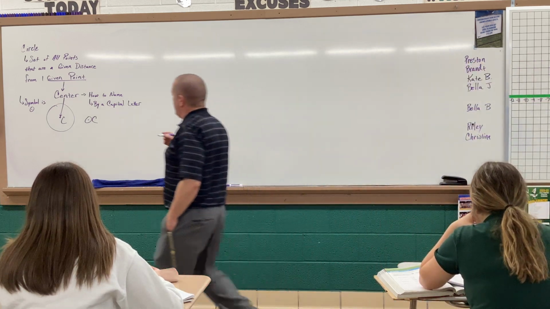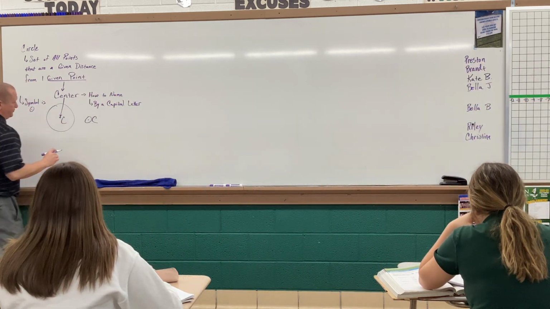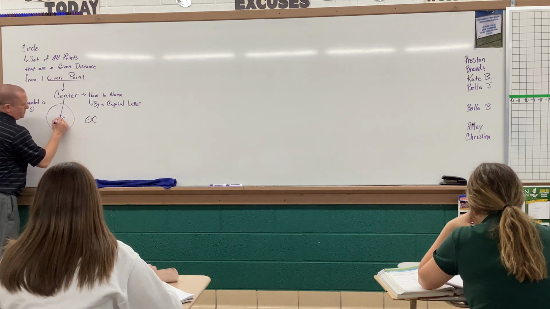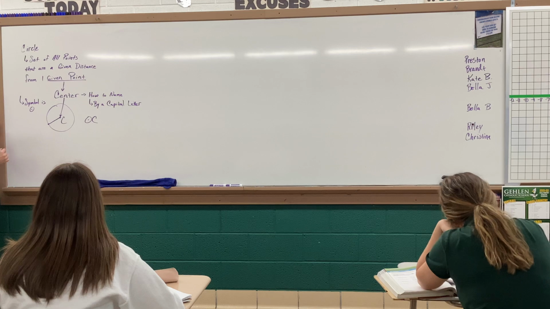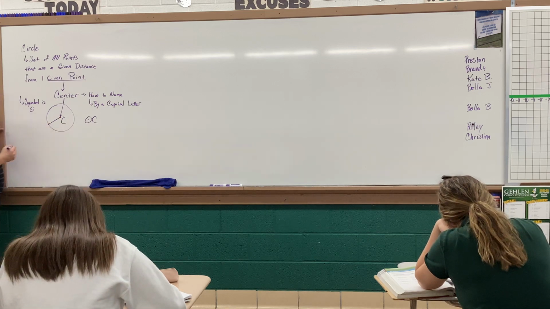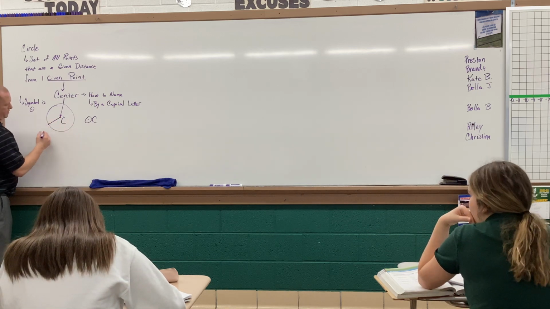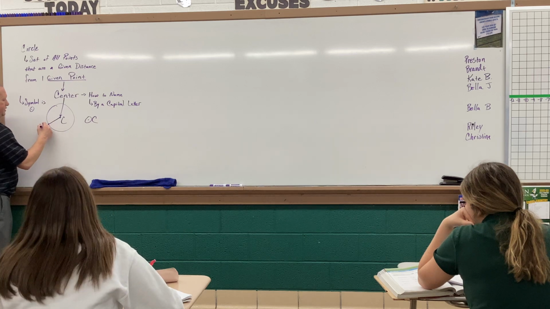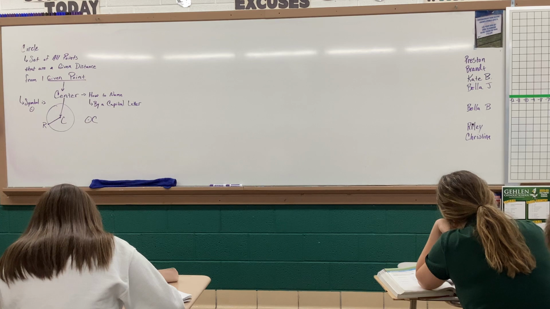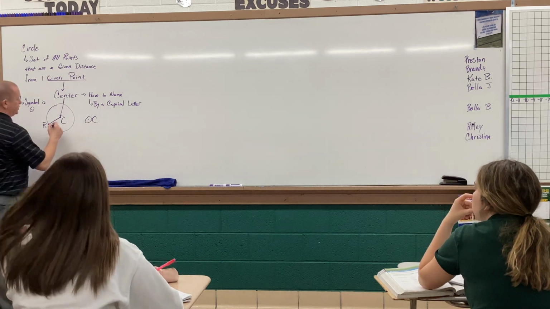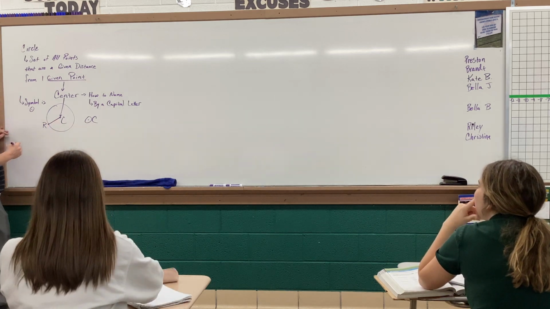And then from there we start having specific vocabulary words, and our first one would be this right here, right? So we have a segment, because there are endpoints, and if we call this C and we call this R, so this particular segment is called the what? Radius.